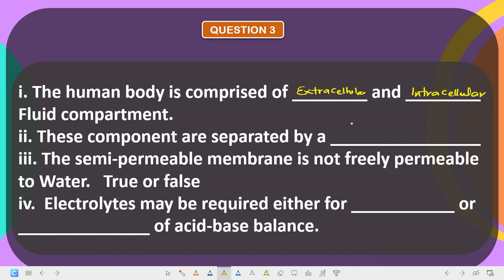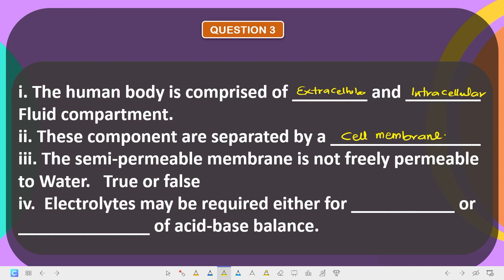So the correct answer is extracellular and intracellular. Now the B part says these components are separated by a what? The correct answer is cell membrane. The extracellular fluid compartment and the intracellular fluid compartment are separated by the cell membrane.